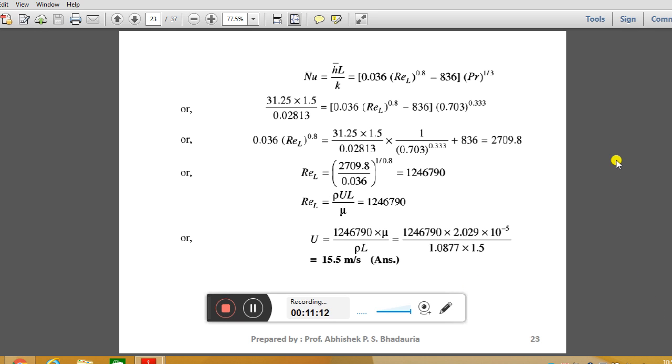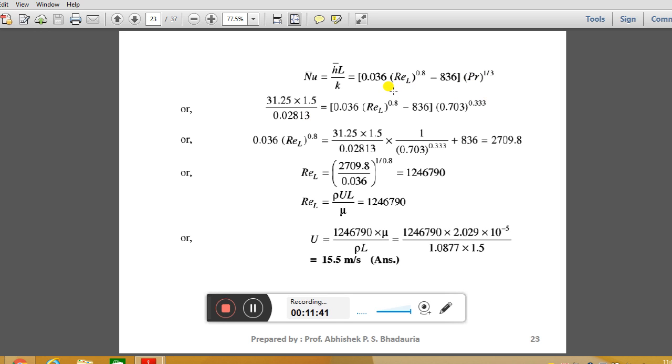Now the correlation is given in the problem. Nusselt number is equal to h L by k, and this is equal to this correlation given in the problem. h bar we have already calculated, and we know the value of L and the value of k. What is unknown?